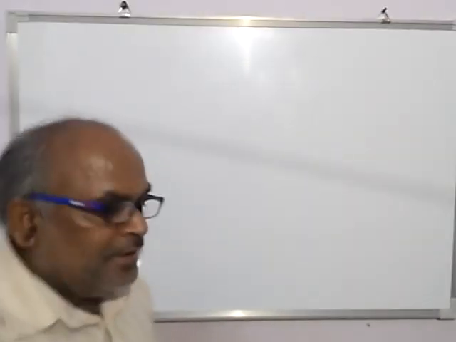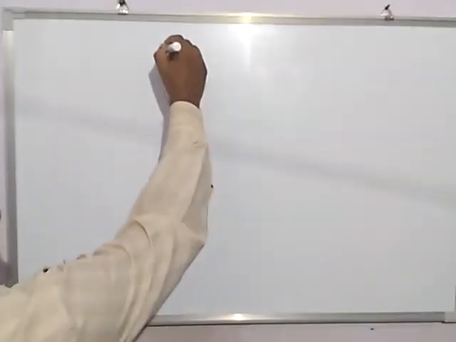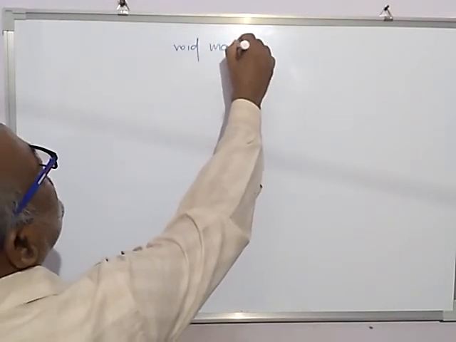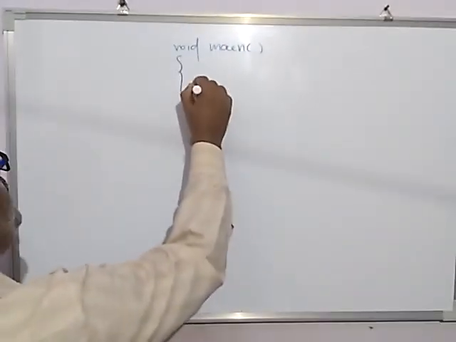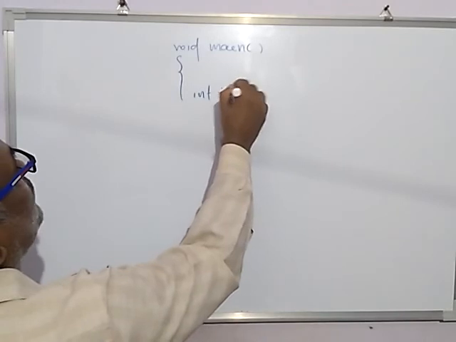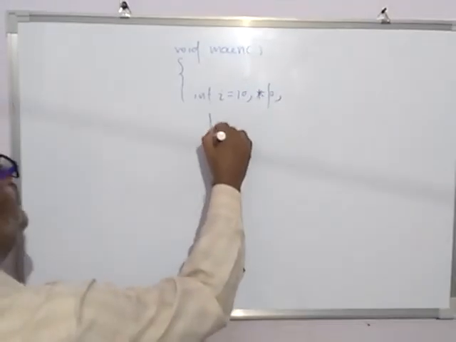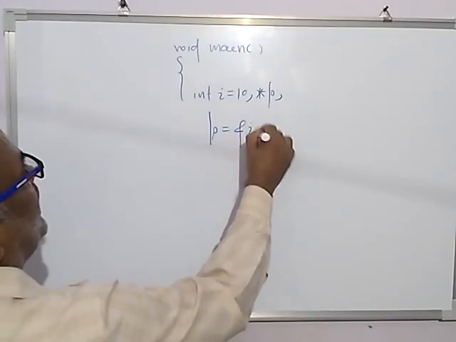Now I will write a C program using pointer. Suppose this is the main function: int i equal to 10, star p is a pointer variable, then p equal to ampersand i.